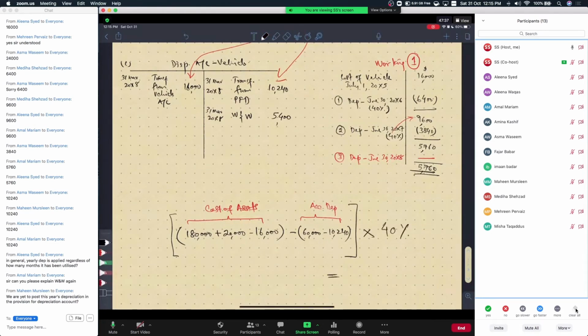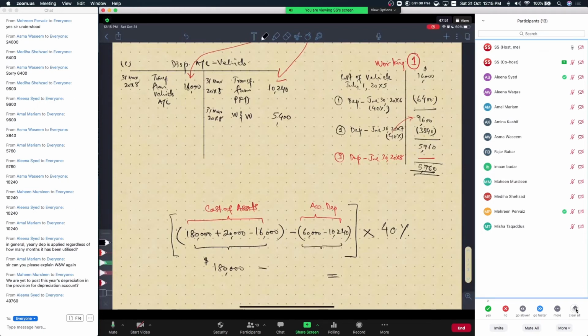If you agree with this equation, this comes out to be how much? $180,000, right? And the accumulated depreciation figure, how much does it come to? 60,000 minus 10,240 is 49,760. Please do your own calculations, right? Alina Sayed, thank you. 49,760, right?